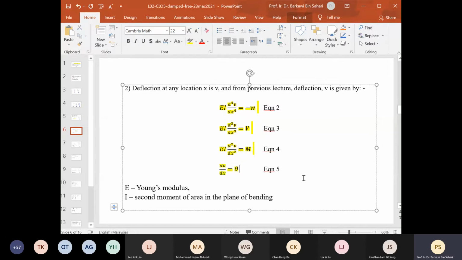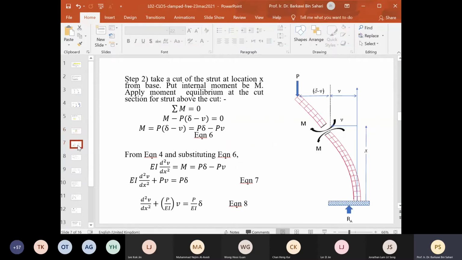So these are the 4 equations that we have seen in our previous lectures on bending moment. We call it the bending moment relation. E and I are defined as the Young's modulus and second moment of area. So we will use this for the case of this bending moment.